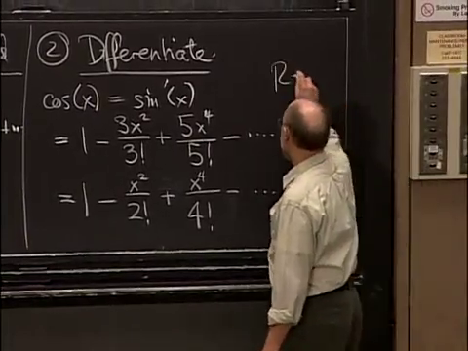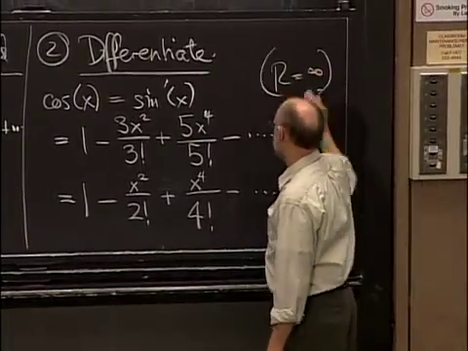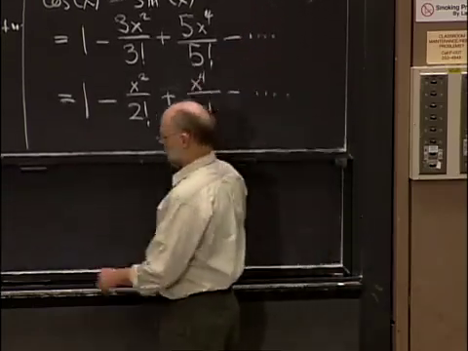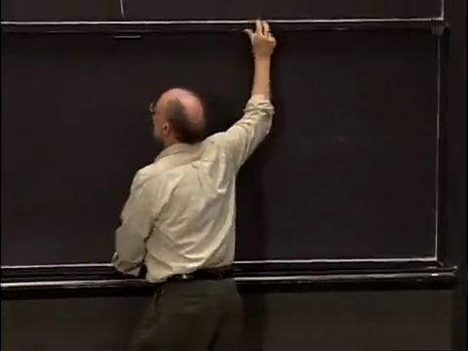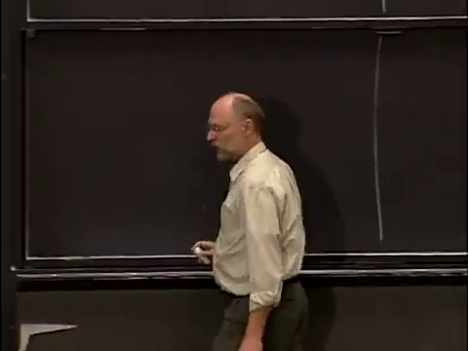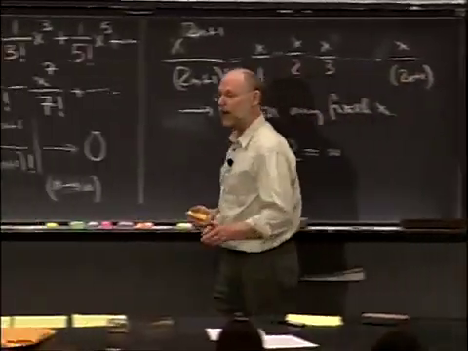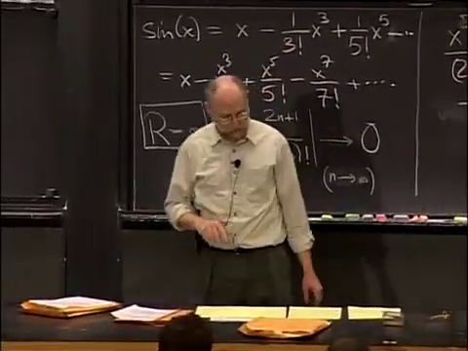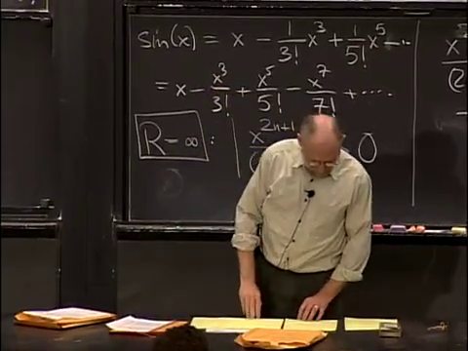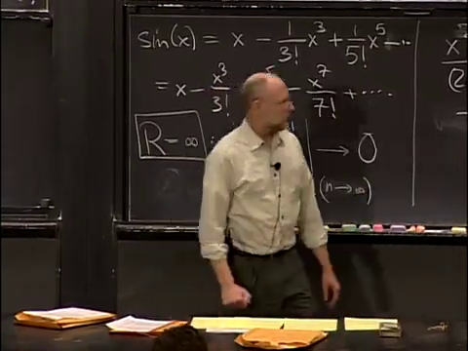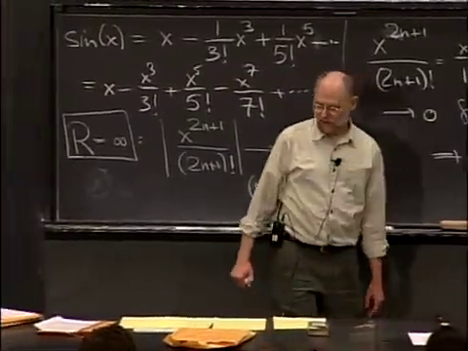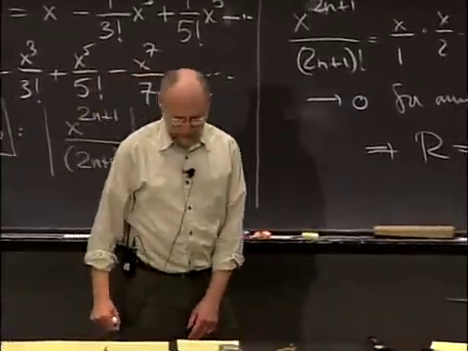When you differentiate, you keep the same radius of convergence. Okay, so we can multiply, I can add to and multiply by a constant, things like that. How about integrating? That's what half this course was about, isn't it? So let's integrate something.